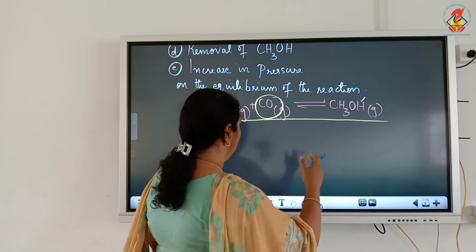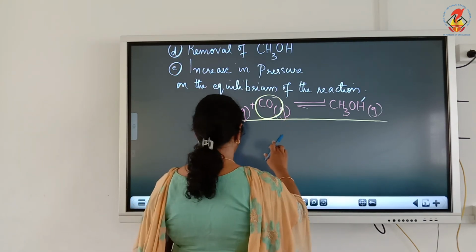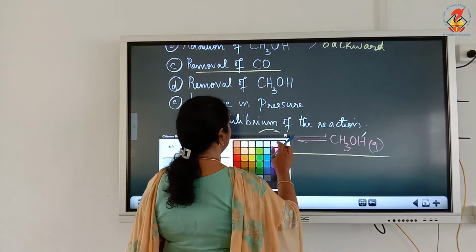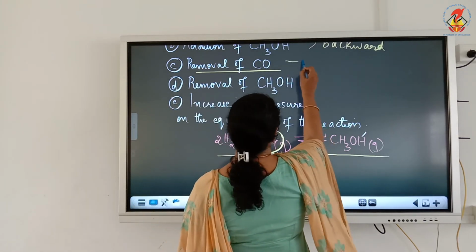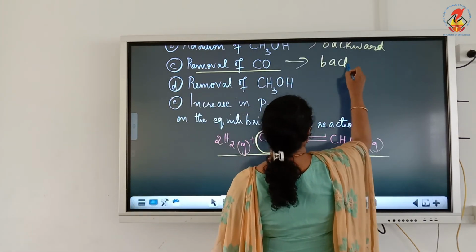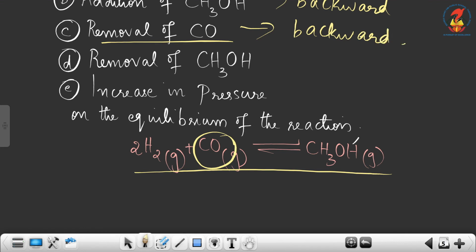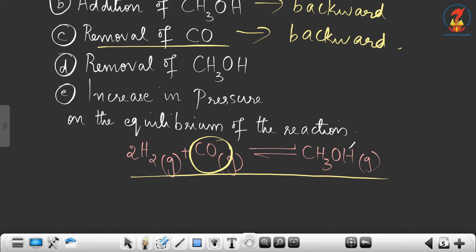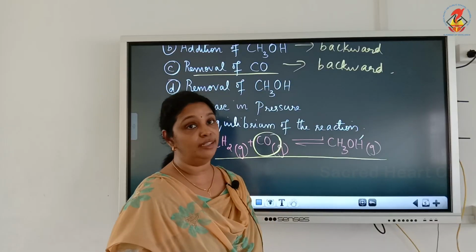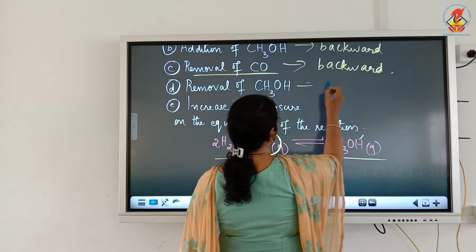So if I remove carbon monoxide, the reaction takes place in the backward direction. Now next is removal of CH3OH. We know CH3OH is the product. If I remove CH3OH, there is more concentration on the reactant side and the forward reaction takes place. So here, forward reaction.